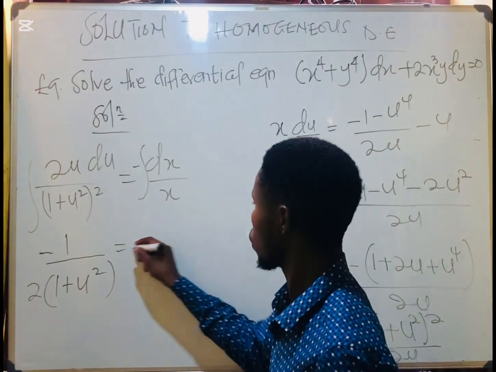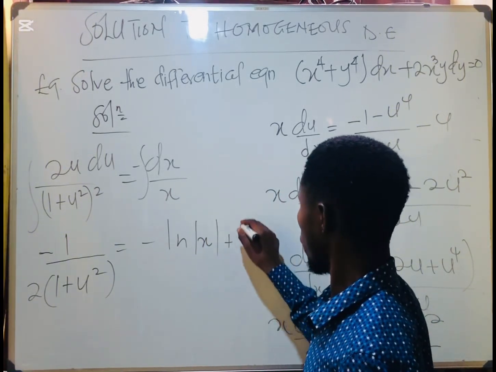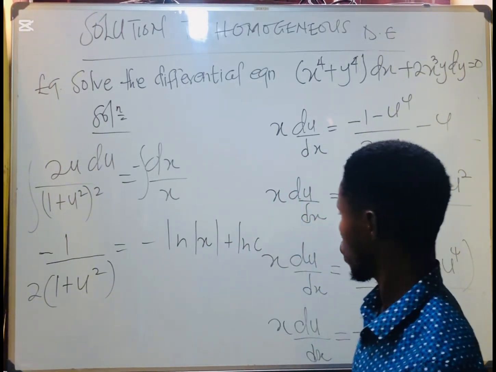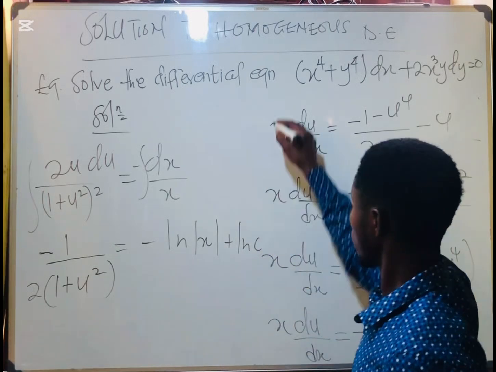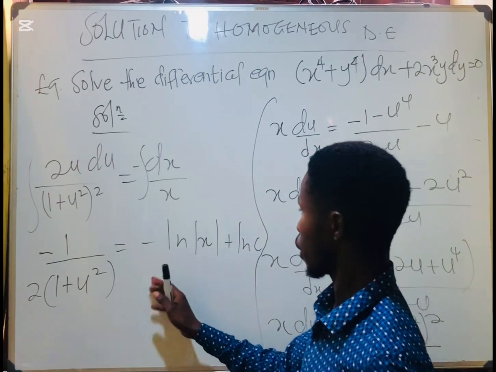It's equals to negative ln x plus ln c. So this is what you're going to get. Yes, this is how you're going to get.